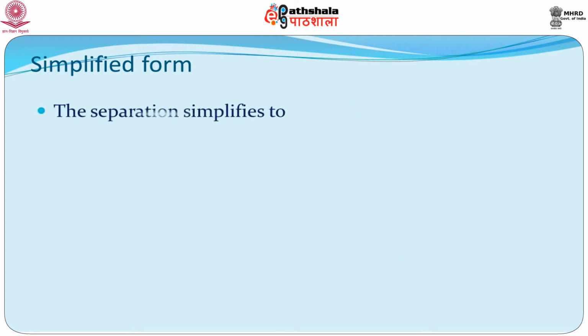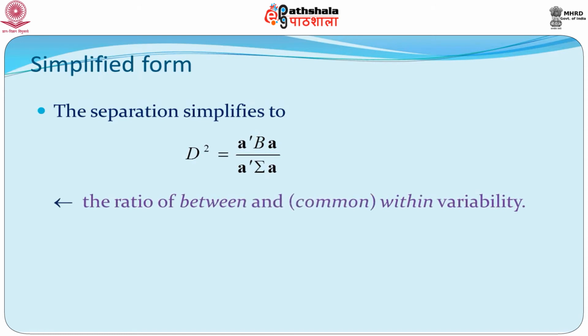So it is between group variability divided by the total variability of y, and it can be shown that this simplifies to D square, which is A prime BA by A prime sigma A. A prime sigma A is obvious because we have that as the variance of y, and the numerator simplifies to A prime BA.